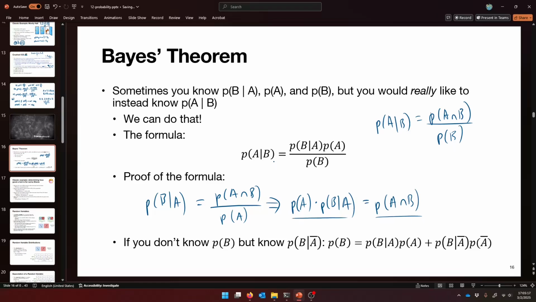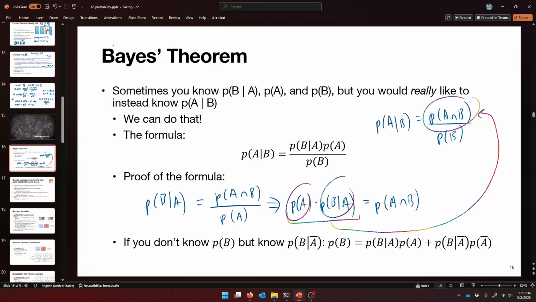Take this guy, place it right there, because that's another way to get the probability of A intersect B. You have those two numbers, multiply them together, and you have another way to get their intersection. So that's how you get this. Does that make sense? And then you have probability of B already, so just divide by that. So you're good.